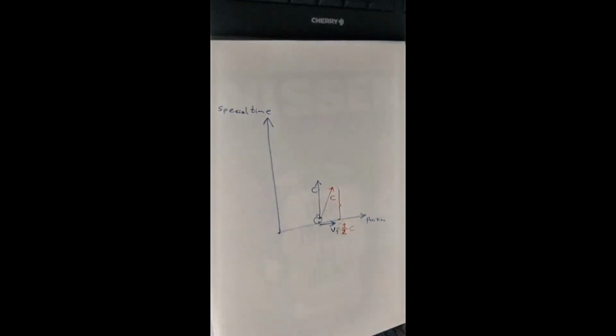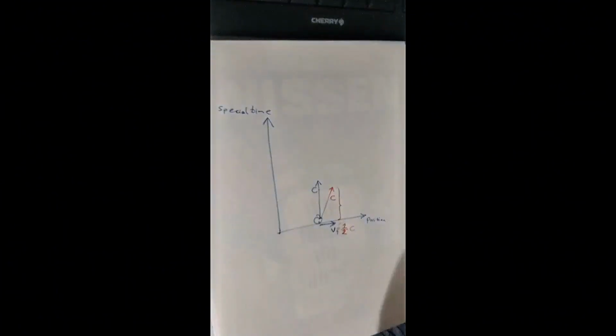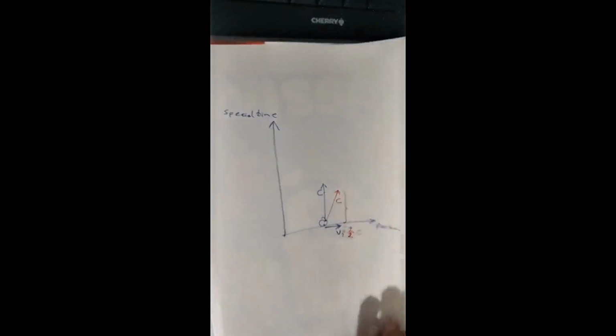Okay, but why am I showing this diagram? Because I want to show you something else actually, and that is, I want to switch. Now you see what the passage of time means. Now I want to switch to the stationary state near the Earth, and that's a very, very amazing part that is coming.